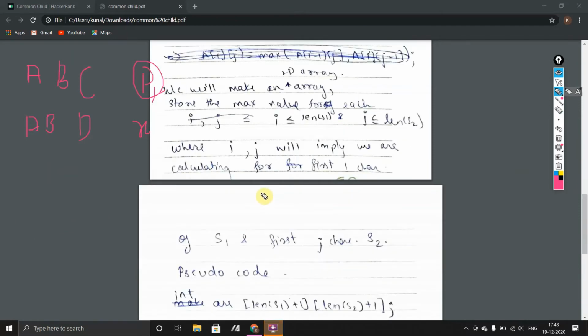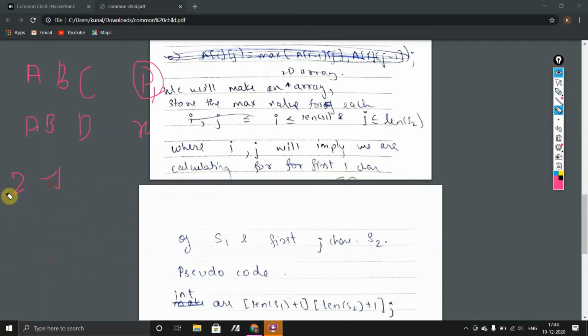So now for calculating the value of maximum child, what we will do is use a two-dimensional array, which will be of the dimensions, this will be len of A and this will be len of B, or let's say S2, or in this case it will be S1.